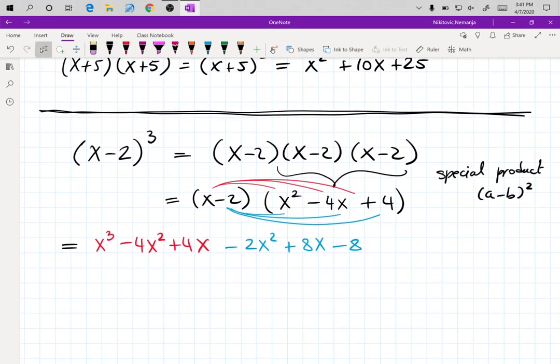So we do have 6 calculations here, and we have 6 terms. And now we just need to combine the like terms. So what do I have? X cubed has nothing to combine with. Then I have negative 6x squared, positive 12x, and negative 8 at the end.